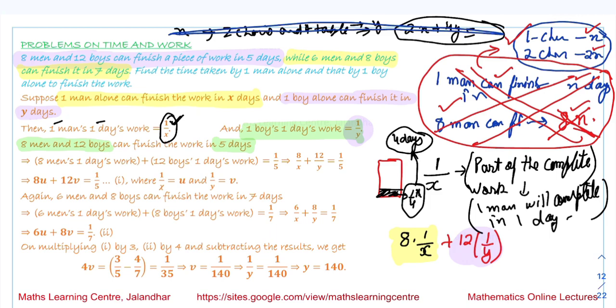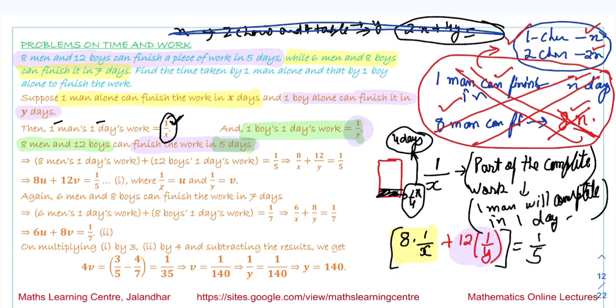And we are saying that they will finish the work in 5 days. So finishing the work in 5 days means this is the part of the work done in one day, so it is equal to 1 by 5. Why 1 by 5?